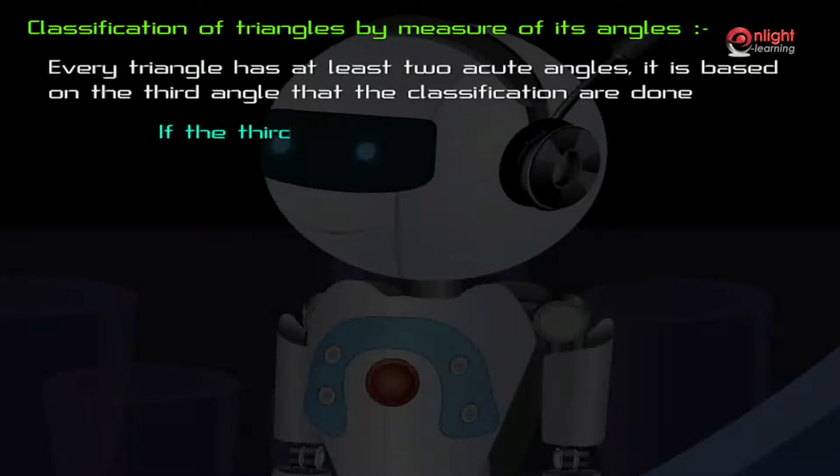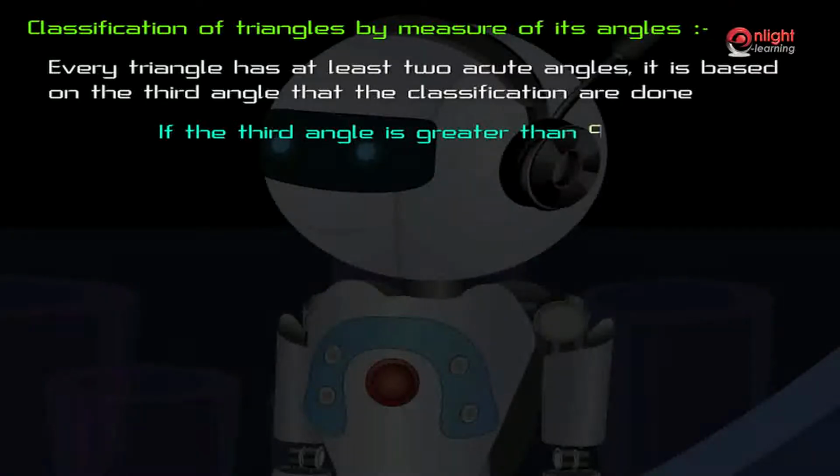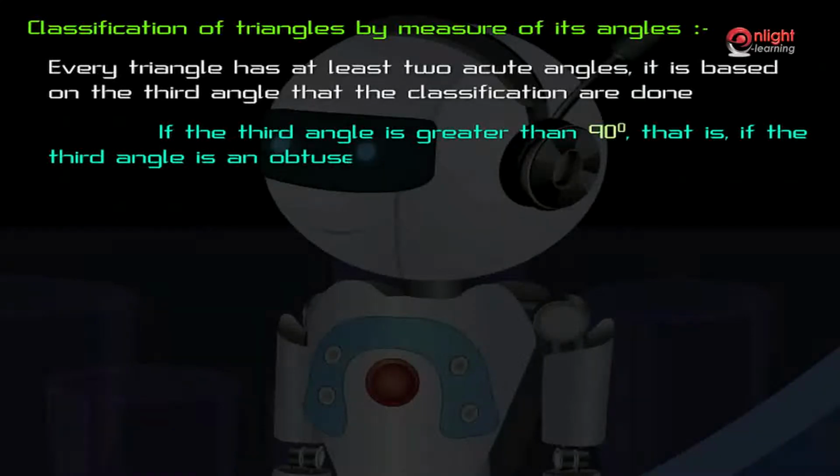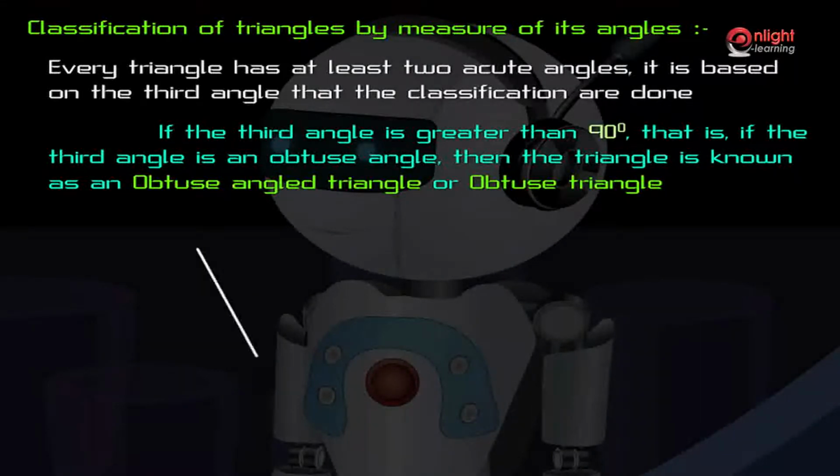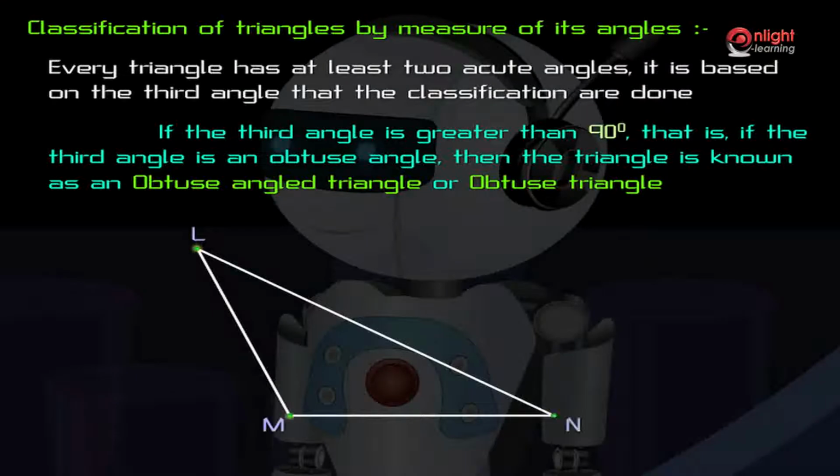If the third angle is greater than 90 degrees, that is, if the third angle is an obtuse angle, then the triangle is known as an obtuse angle triangle or obtuse triangle. Obtuse triangle is a triangle in which 2 angles are acute and 1 angle is obtuse.